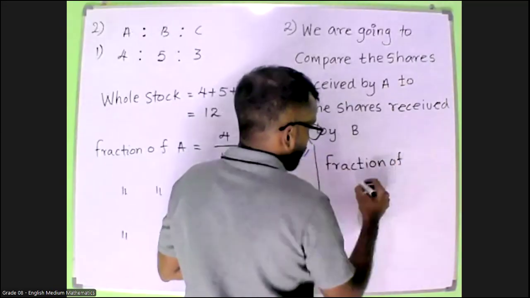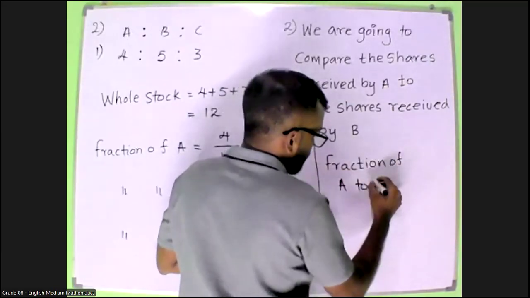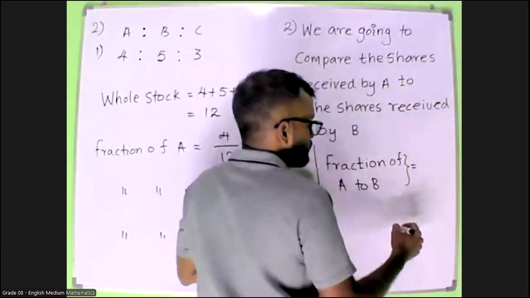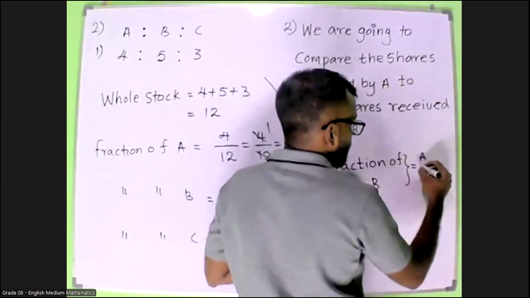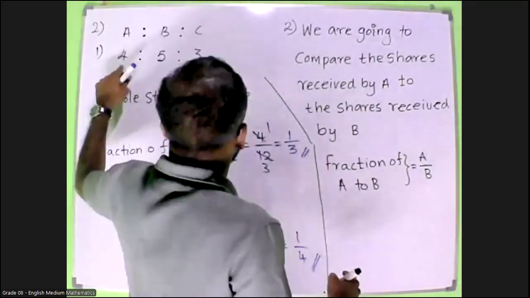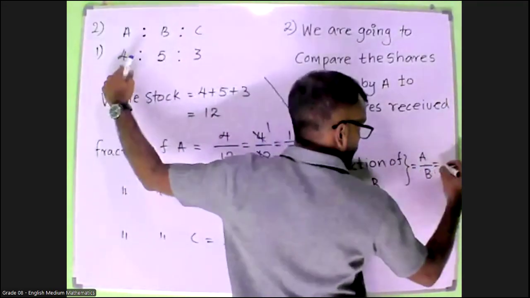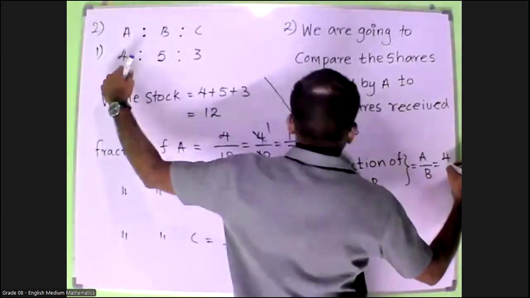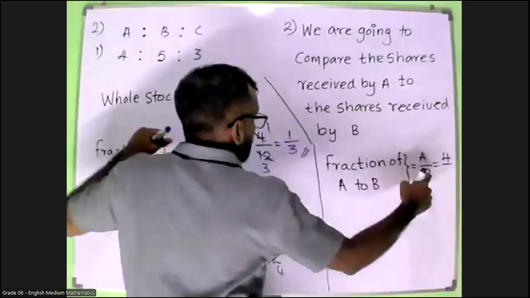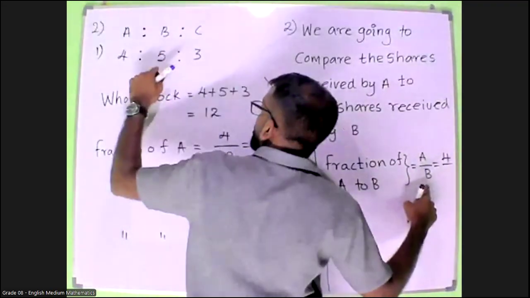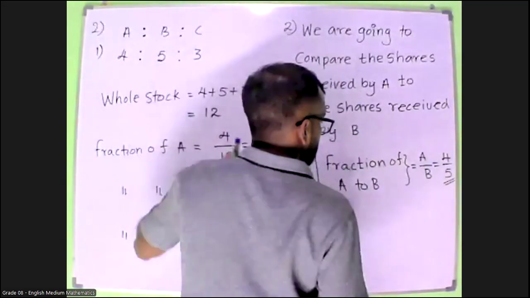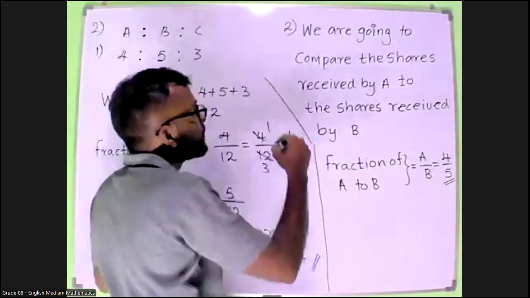Fraction of A to B, A divided by B. So what part A received? 4. What parts B received? 5. So this is it. So this is the answer for second one.